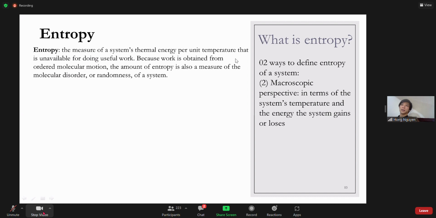That's why here we have the explanation for the amount of energy lost due to friction and so on, due to heat transfer.